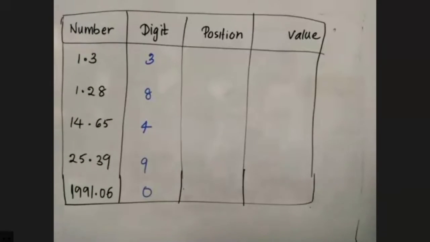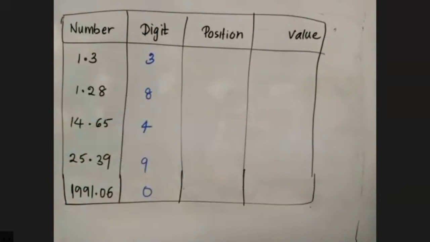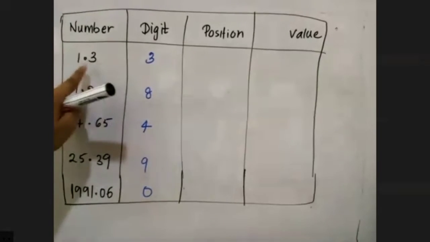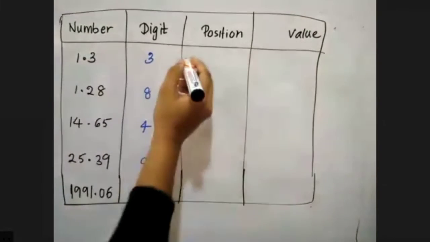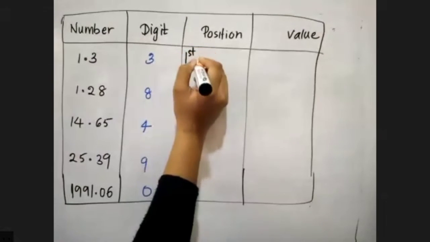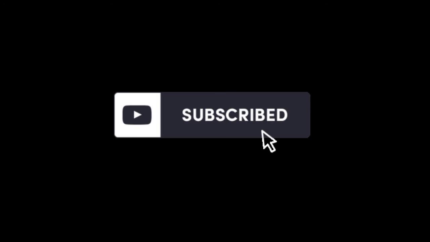Now here, look at the first one. I'll do it for you. The digit given is number 3. The position of that digit in this number is the first decimal place. So I can write down its position as first decimal place. But what is the value represented?